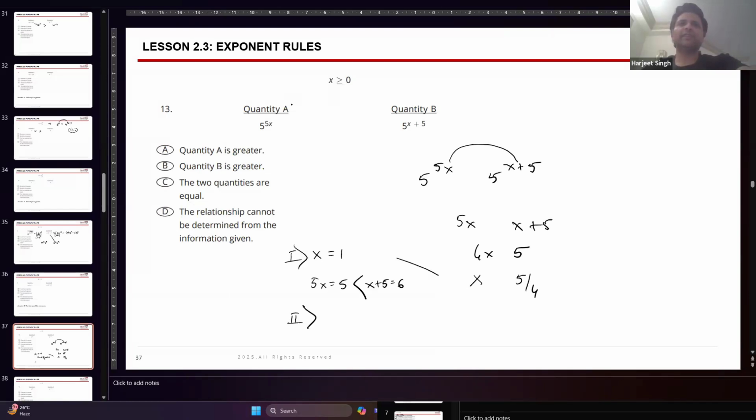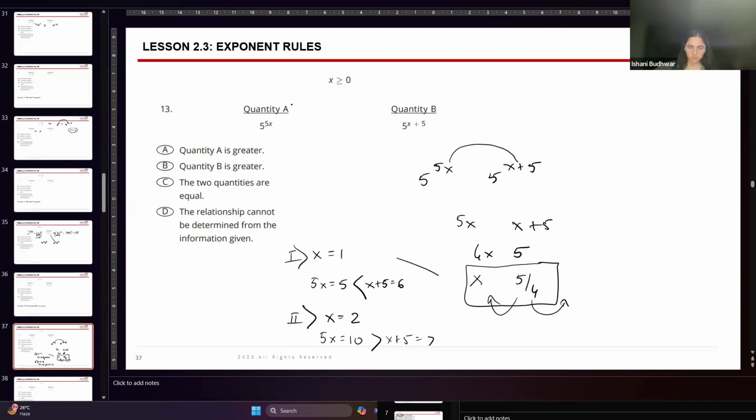Scenario 2, x equal to 2. What is greater? 5x becomes 10 and x plus 5 becomes 7. So this is greater. So can I say the equation flips to the left and to the right of 5 by 4? So that's like a boundary point.